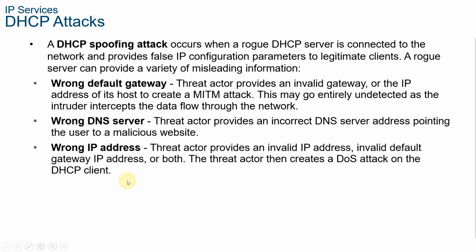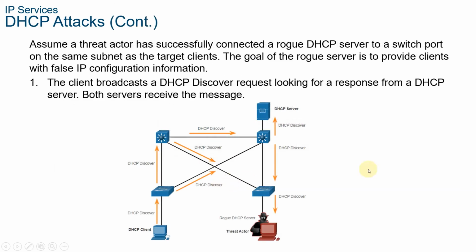Now, assume a threat actor has successfully connected a rogue DHCP server to a switch port on the same subnet as the target clients. The goal of the rogue server is to provide clients with false IP configuration information. In the figure here, the client broadcasts a DHCP discover message.